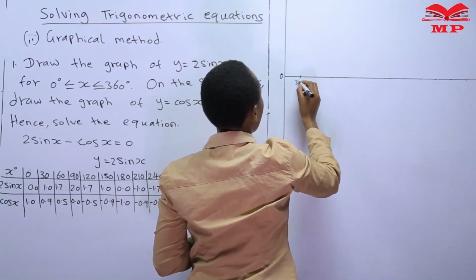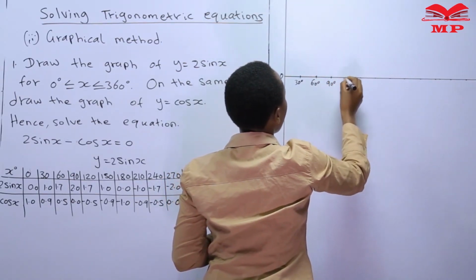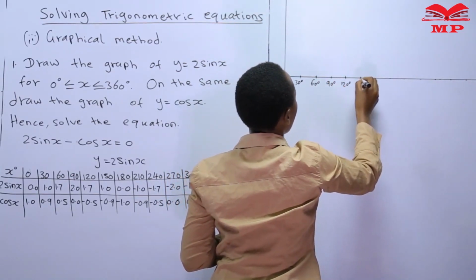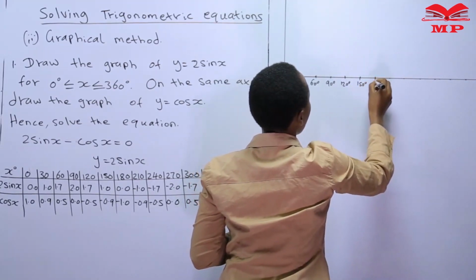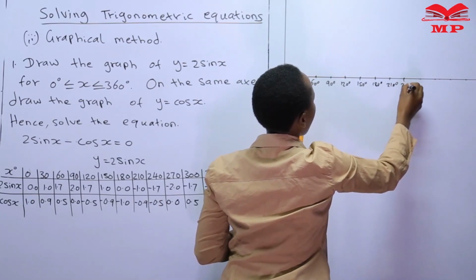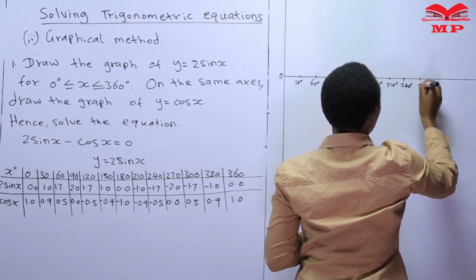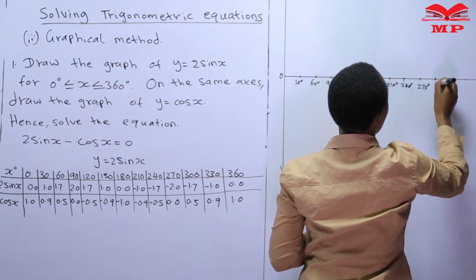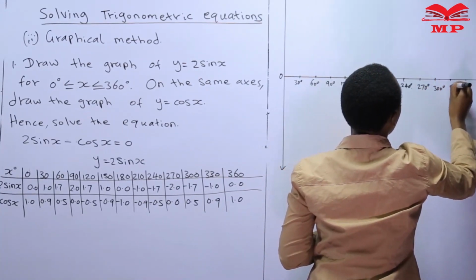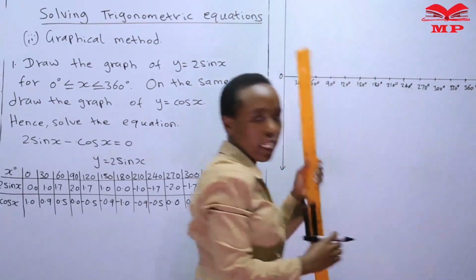This is 30 degrees, 60 degrees, 90, 120, 150, 180, 210, 240 degrees. Then we have 270, we have 300, 330, and finally 360 degrees.